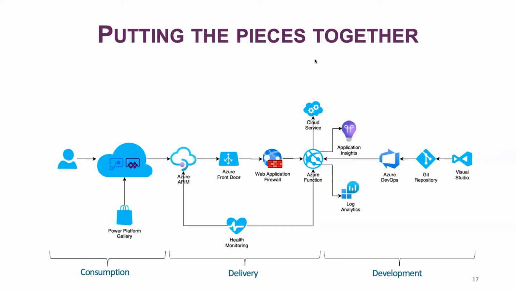Now, this is how our public connector functions from the front end to the back end for the most part. There's a lot of moving pieces here to take an API from, hey, here's a cool Azure function I built, to I'm going to take this public. So we start on the back end with the development piece, which is building our Azure function in Visual Studio, publishing it to a Git repository that then goes into Azure DevOps.